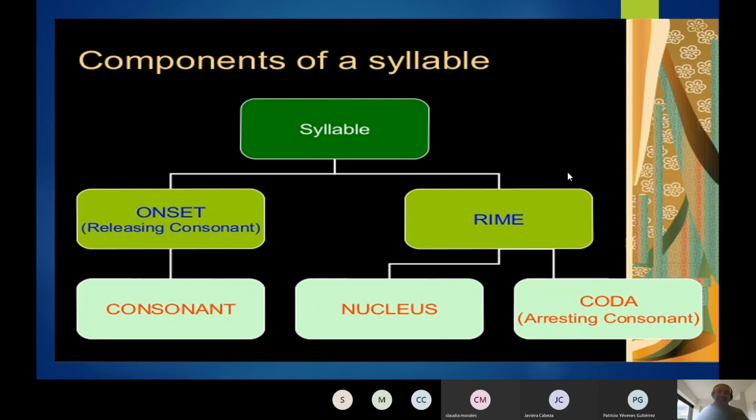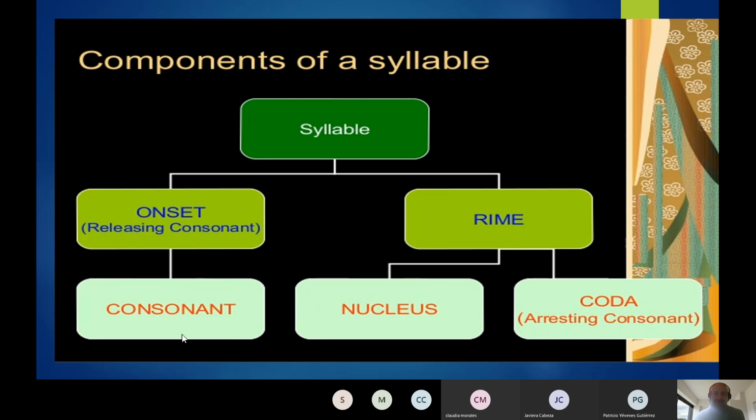Sorry. So this is to complement the information. So thank you, by the way. So a syllable is a unit of sound, right? Which has an onset and a rhyme. Now the rhyme is composed of the nucleus and the coda.